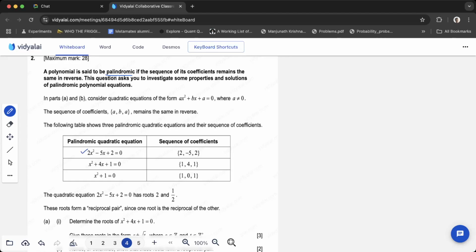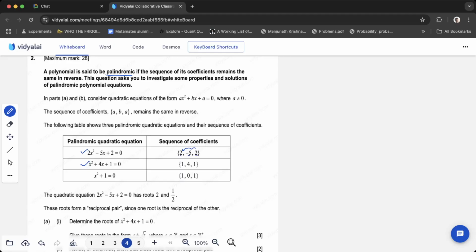This polynomial, if you write it in the order of decreasing powers of x, has coefficients 2, -5, 2. If you take the sequence in reverse, it will still be 2, -5, 2. Similarly, this is 1, 4, 1, back and forth is the same.